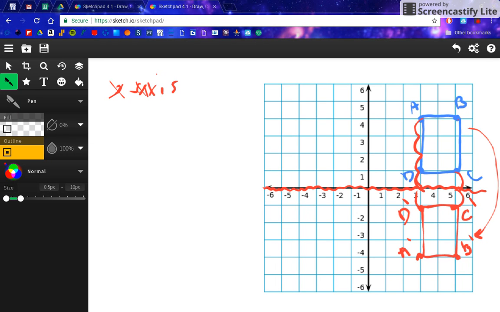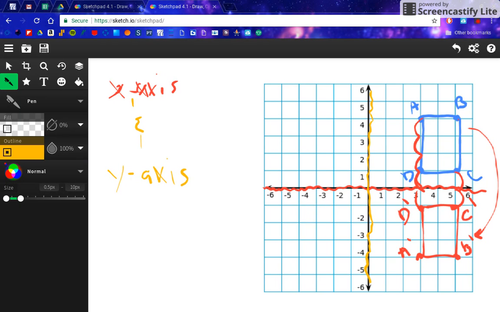Now let's go X and Y axis. You're like, what? So double reflection. All that means is you can reflect over Y first and then reflect over X, or you can reflect over X and then reflect over Y. Since we already reflected over the x-axis, let's go ahead and reflect over the y-axis now.